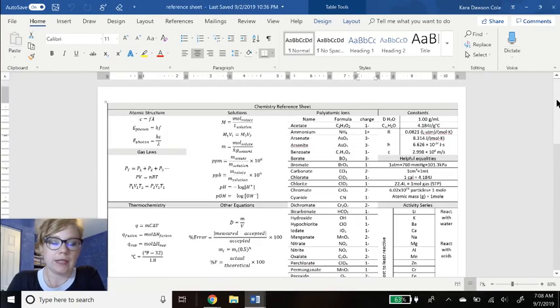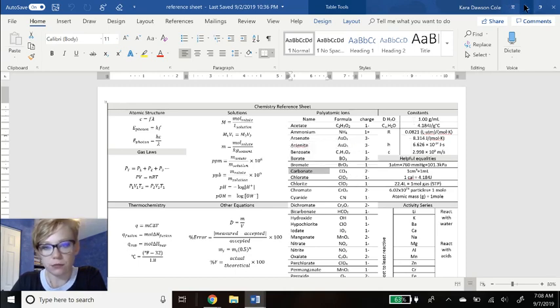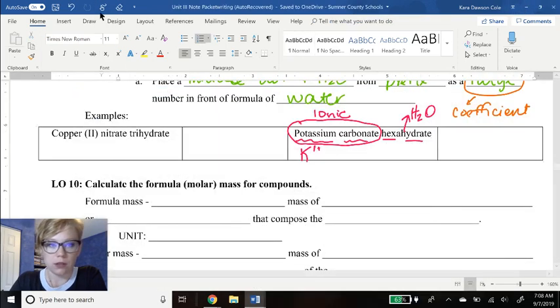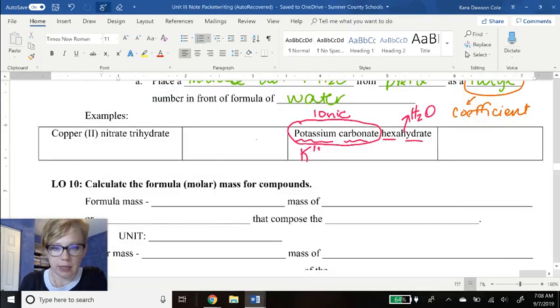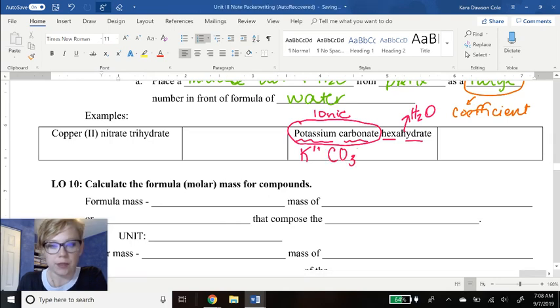I know if it's got an ATE or an ITE ending, then I'm going to find it on the polyatomic ion sheet. And it is right there. So carbonate is CO3. Remember, I don't want to change this formula at all. And it's got a 2 minus charge. So carbonate is CO3 2-.